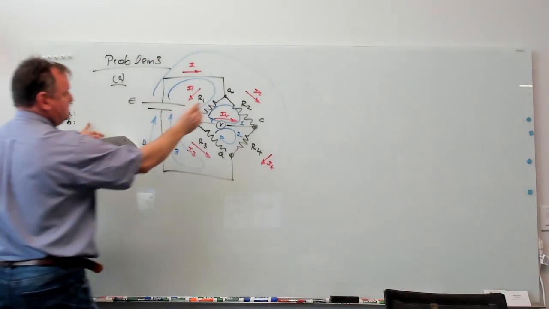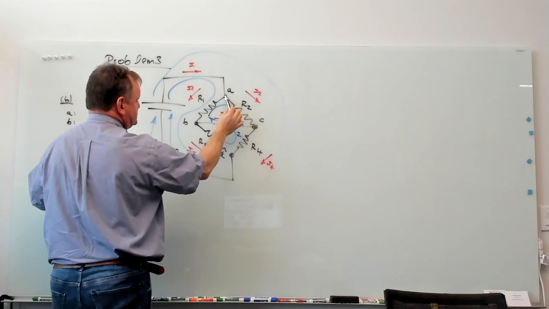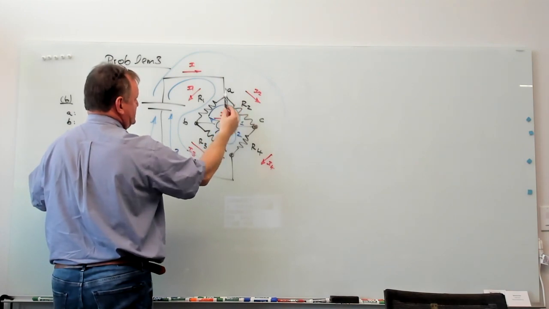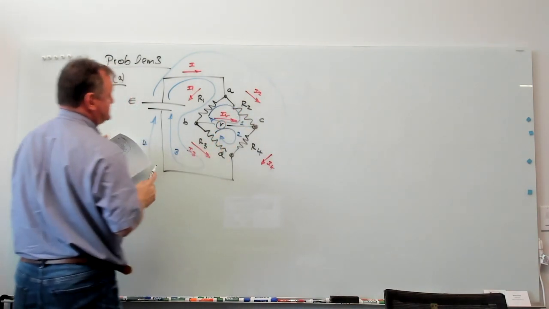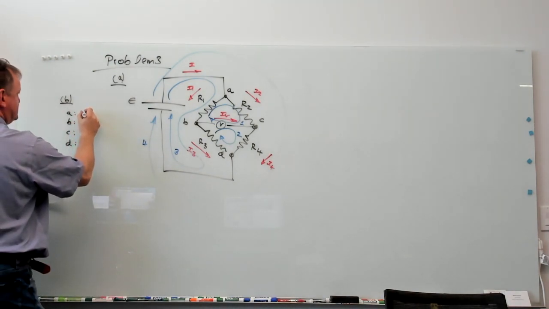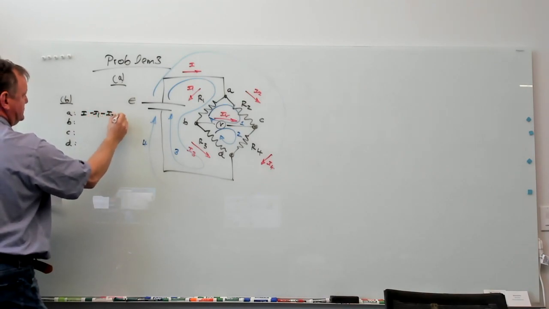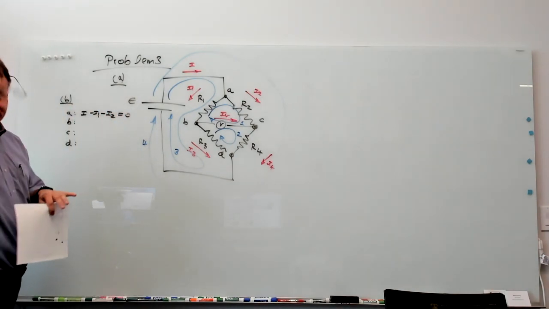So let's start here with junction A, and the way I always do that is current going into the junction is counted positive, current going out of the junction is counted negative, and then the overall sum equals 0. So therefore you have here I minus I1 minus I2 equals 0.